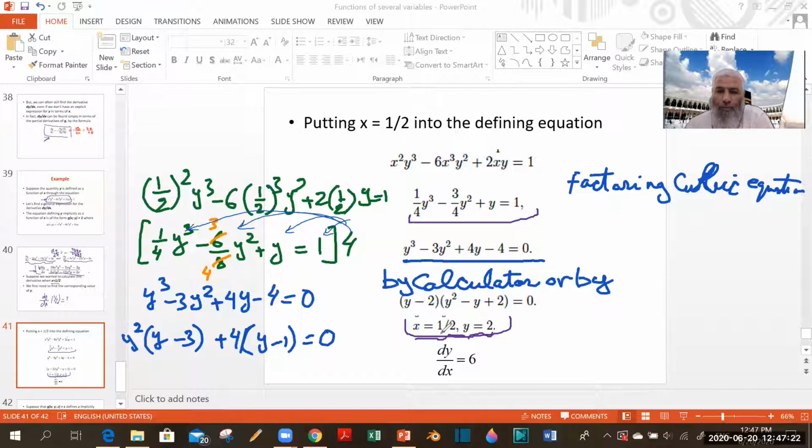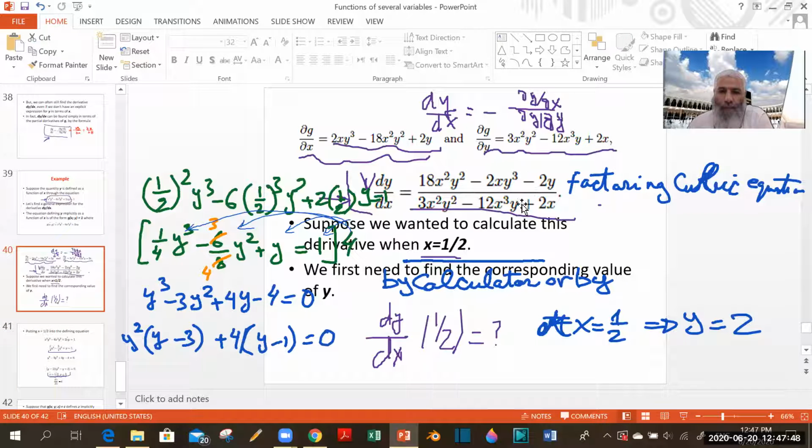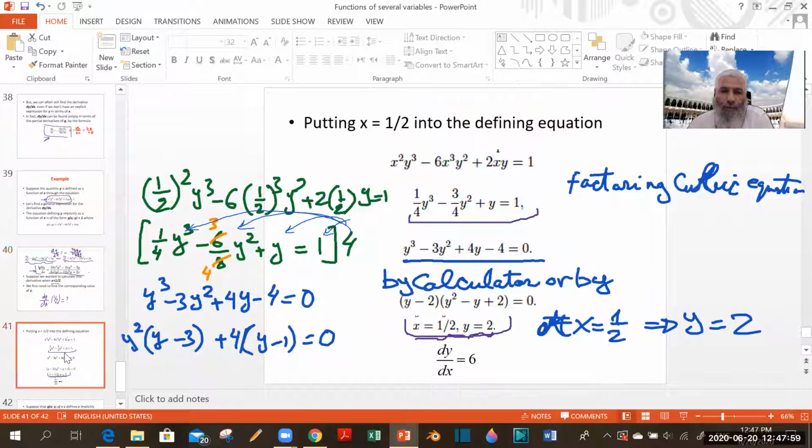At x equals 1/2, y equals 2, because the other roots are imaginary. So he substituted in the derivative equation on the other page, putting x equals 1/2 and y equals 2, and this is the answer.